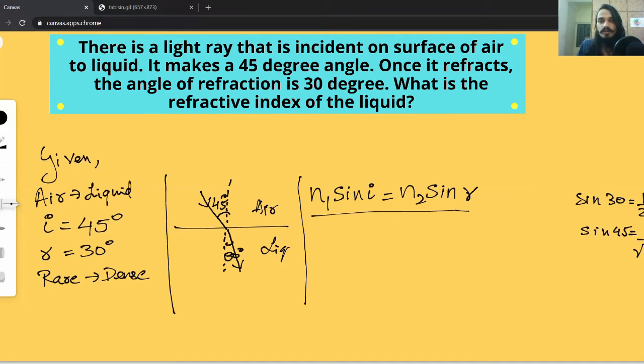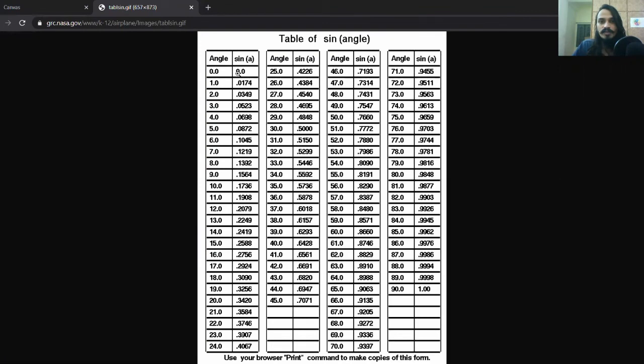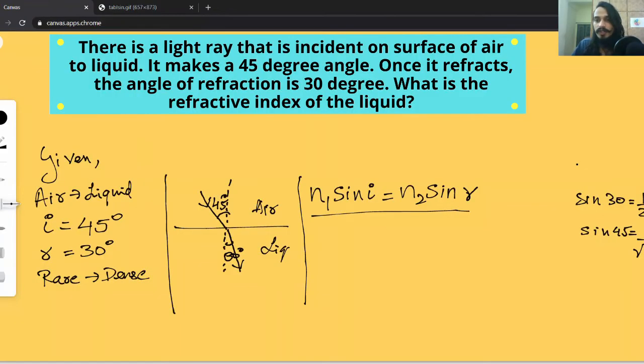Another thing you can do is look at this table, which lists all the values from sine 0 all the way to sine 90. You can take 30 and 45 from here too. Sine 30 is 0.500, which is 1 by 2, and sine 45 is 0.7071, which is 1 by root 2. However, we don't need to deal with decimals here. We always look for solving it in the easiest way possible. So now I know the sin i and sin r values.